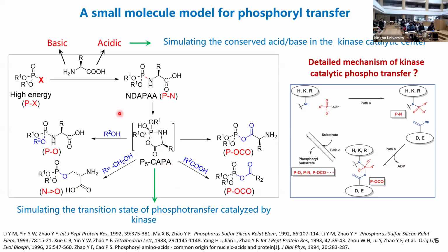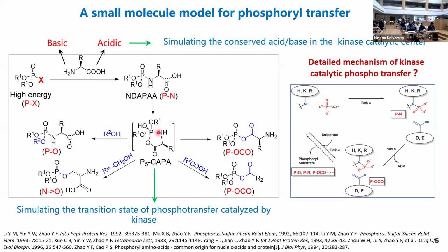So you can see from here, from a chemistry perspective, okay, the alpha amino group is a base, right? The alpha carboxyl group is an acid, right? So actually only an amino acid has all the characteristics of the kinase, right?